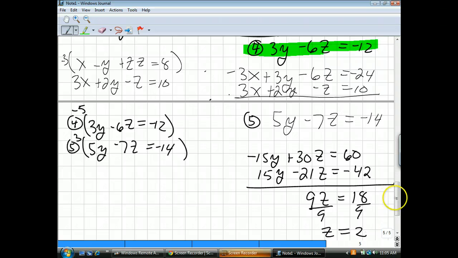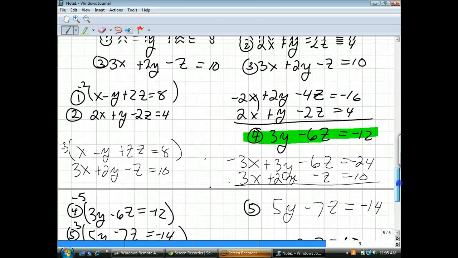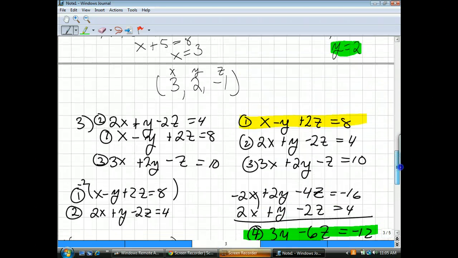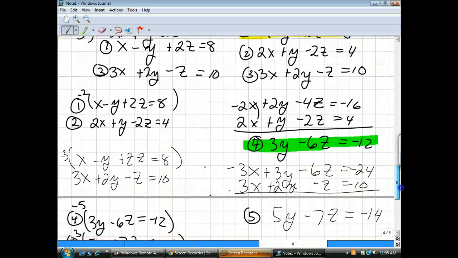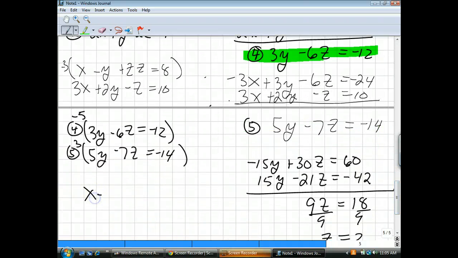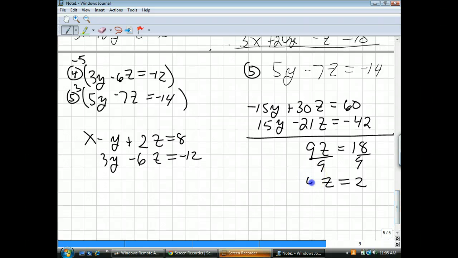So now equation 1, remember, was x minus y plus 2z equals 8. Equation 4 was 3y minus 6z equals negative 12. And remember now that this is my equation 6, so z equals 2.